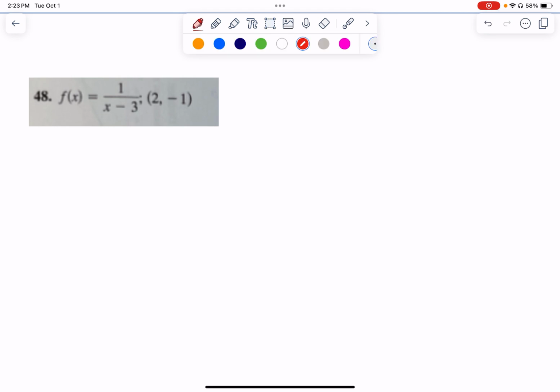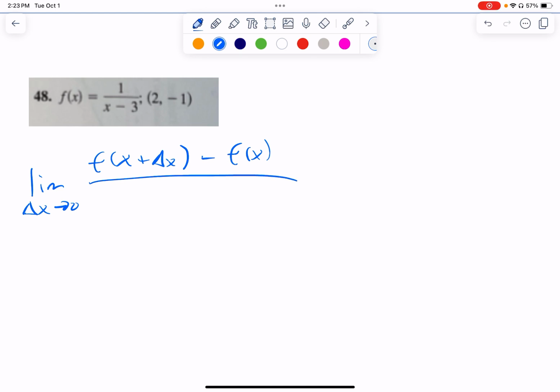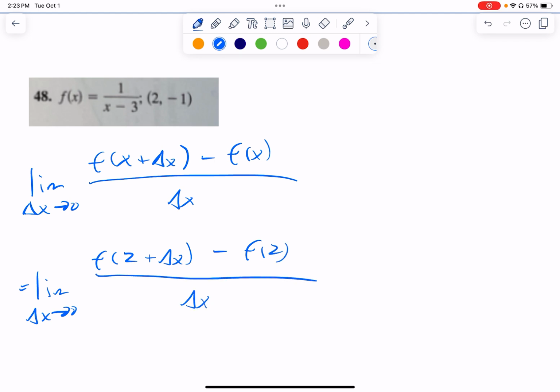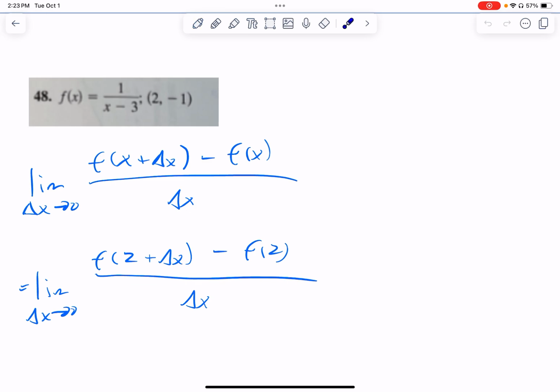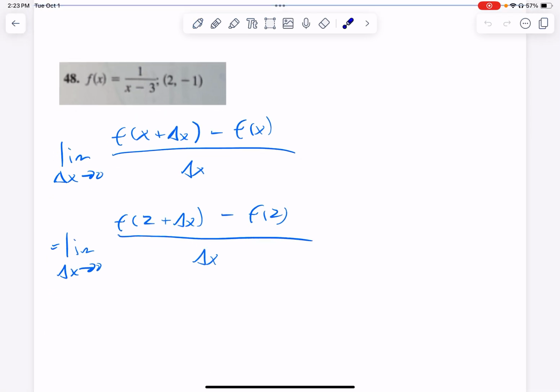Okay. So we know that the slope of the tangent line will be the limit as delta x approaches 0 of f of x plus delta x minus f of x all over delta x. My specific value of x is 2. And my rule here is f gives me 1 over input minus 3.